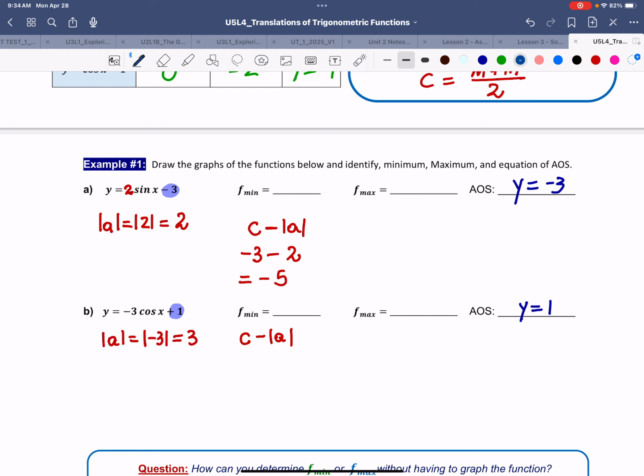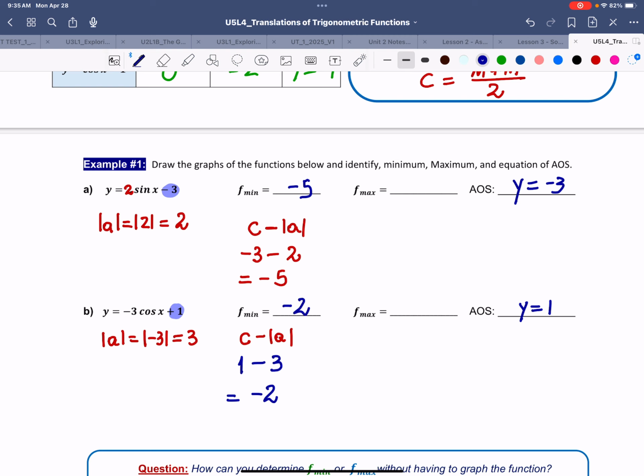So we'll say that the value of the minimum of this function will be -5. Now for the next function, we have the value of c equal to +1. That's our c value. And now we are subtracting the amplitude, which is +3, right? And that will take the minimum of the function to y equals -2. So we say that the minimum is -2.